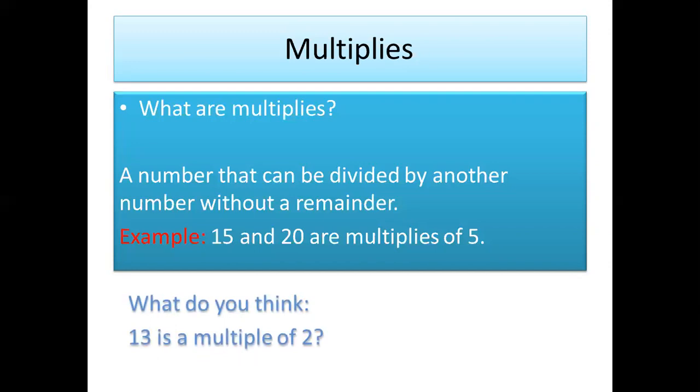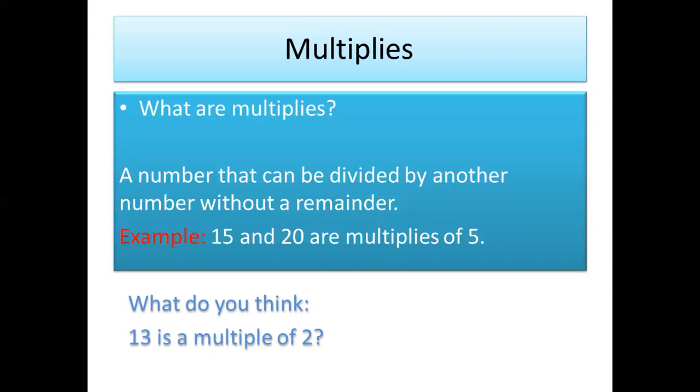What do you think, is 13 a multiple of 2? In this case, you must think of table 2. Is 13 in table 2?